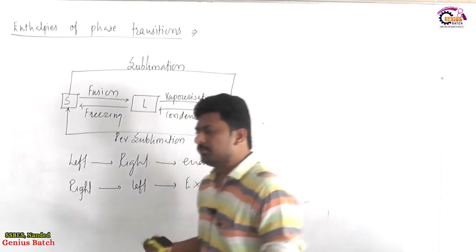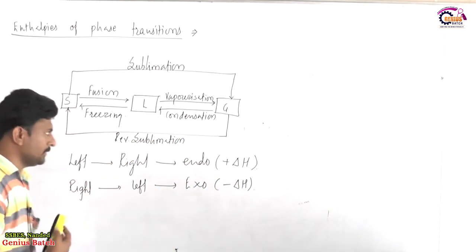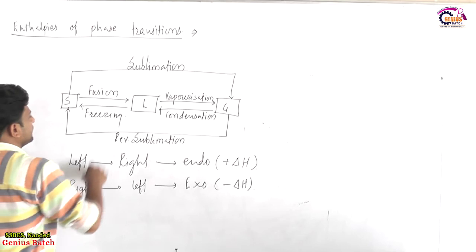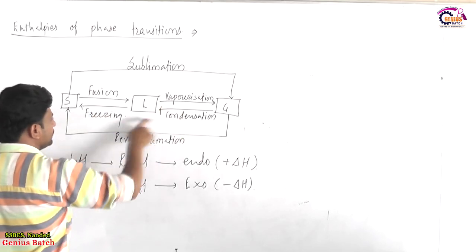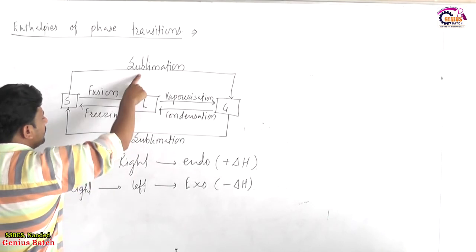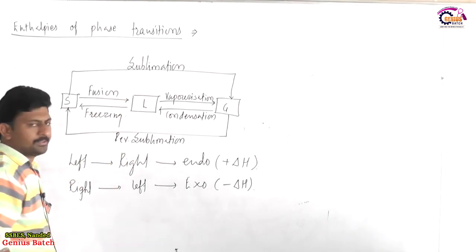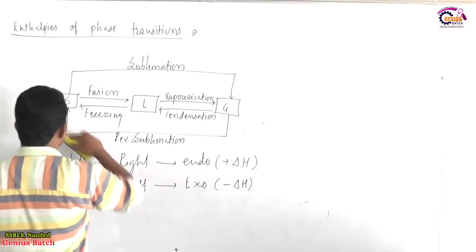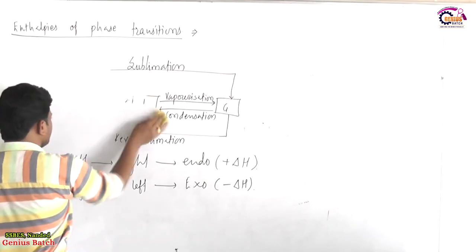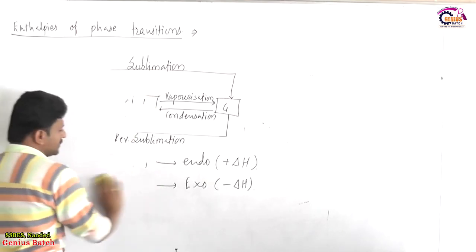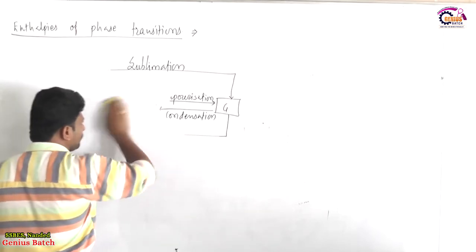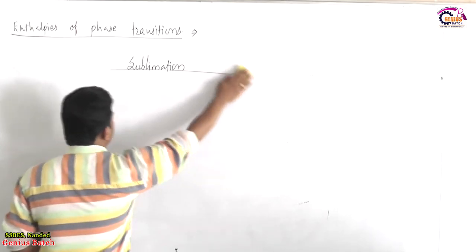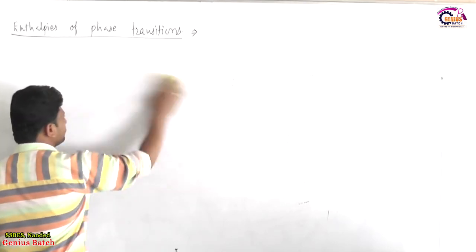Now we will start with the individual enthalpy changes: enthalpy of fusion, vaporization, condensation, freezing, sublimation and reverse sublimation. One by one we will deal with them. So let us start with the first phase transition, the conversion from solid state into liquid state.